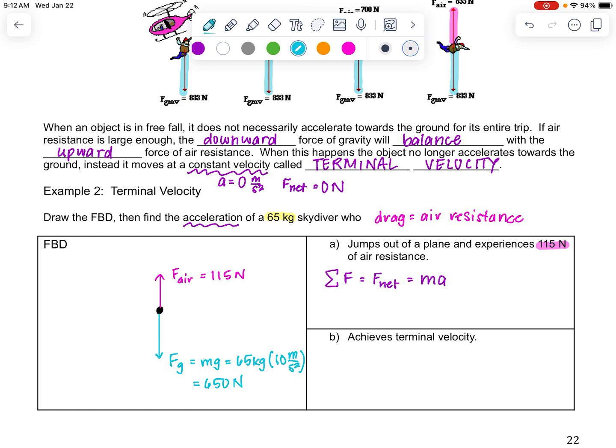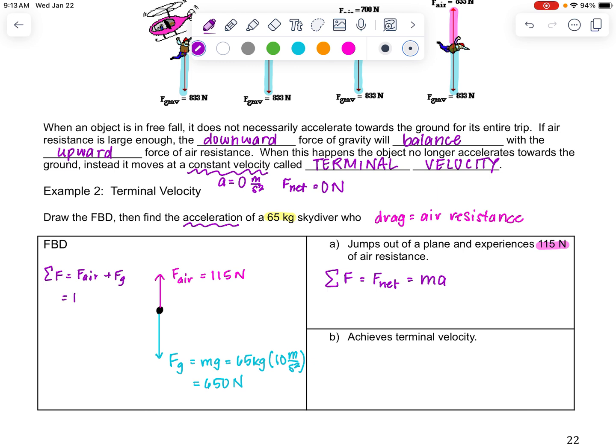Now, because these are opposite, I can solve my F net equation. The sum of my forces is equal to F air, he's going up, so he's positive, plus Fg.